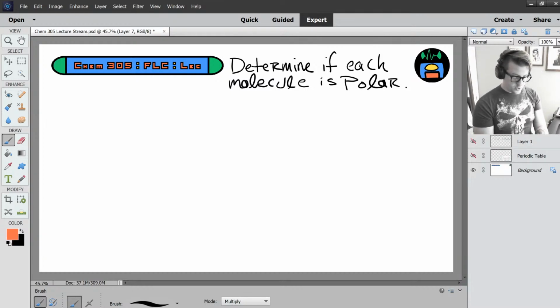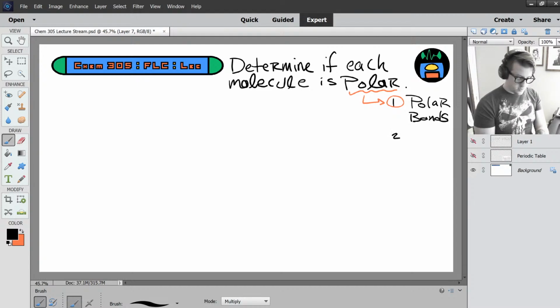Whenever you see that word polar, we need two things. We need polar bonds and we need asymmetry.